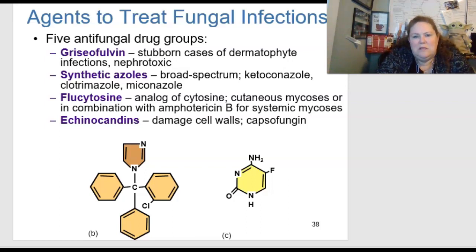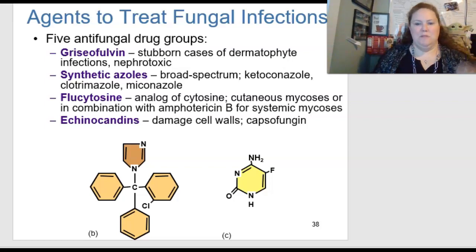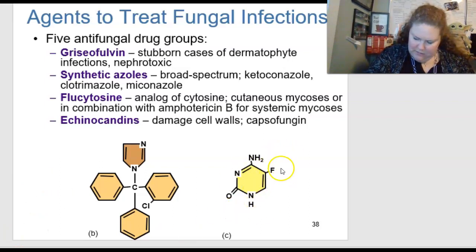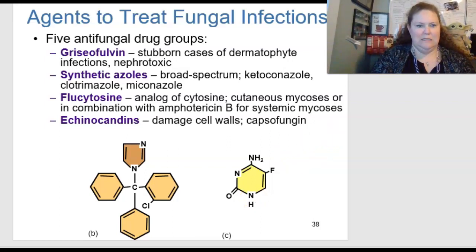And then the last class would be the echinocandins, which can help damage the cell walls, like caspofungin. This one here, flucytosine, is a structural analog of cytosine that is going to be inhibiting DNA and protein synthesis.